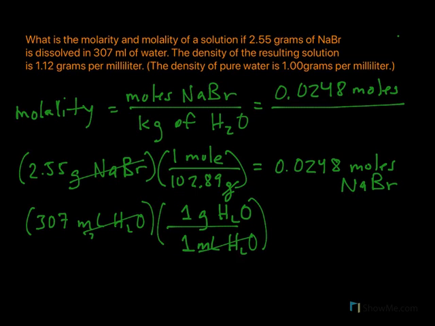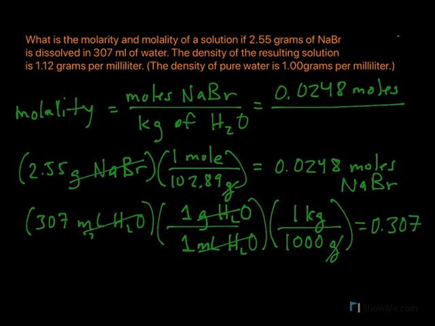Milliliters of water cancel out milliliters of water. We have now, at this point, grams of water, but we need to make into kilograms of water. So we know 1,000 grams is equal to 1 kilogram. 1 gram of water here cancels out this. Our answer at this point will be in kilograms of water. And this is 0.307 kilograms of water.